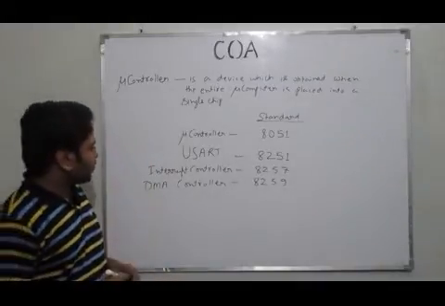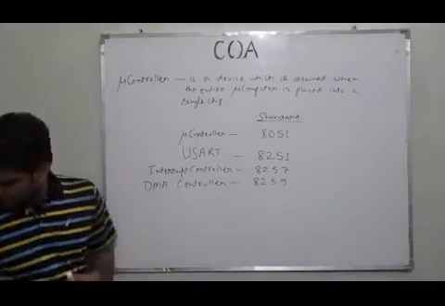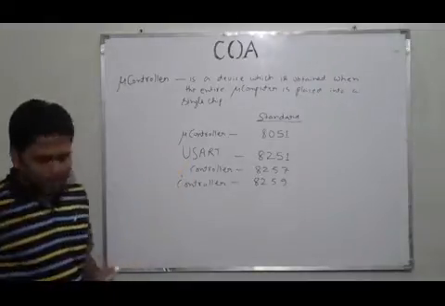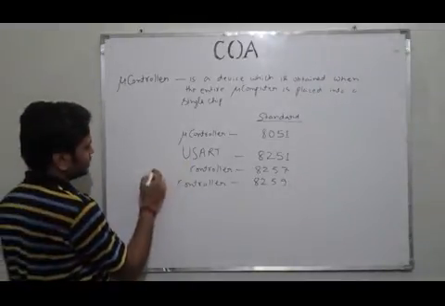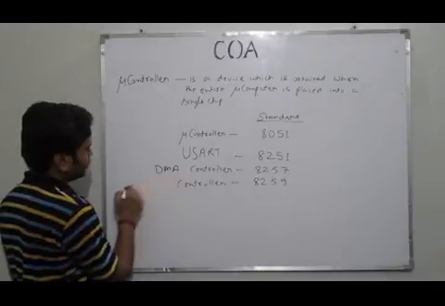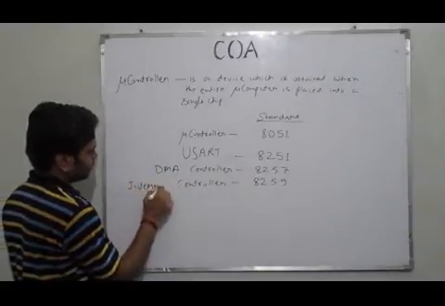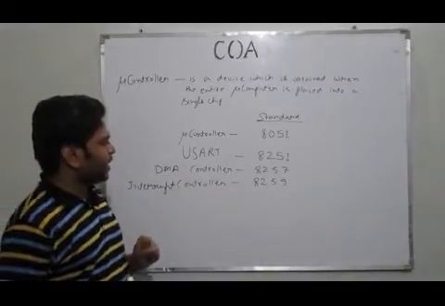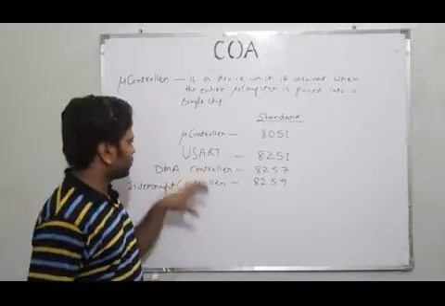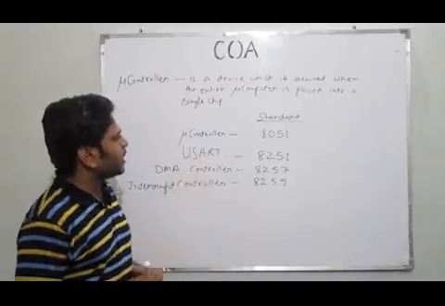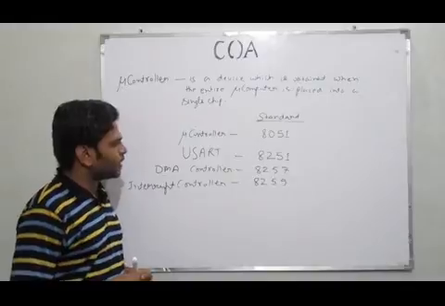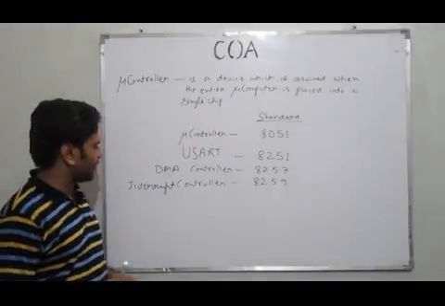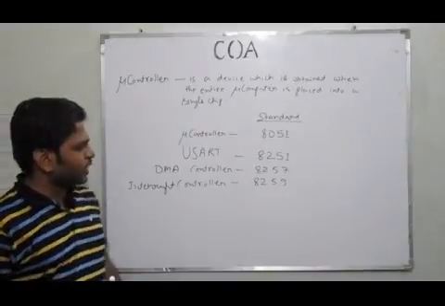So this is all about the standards that we have in computer organization and architecture for these devices. Microcontroller has a standard of 8051, USART has a standard of 8251, DMA controller has a standard of 8257, and interrupt controller has a standard of 8259.